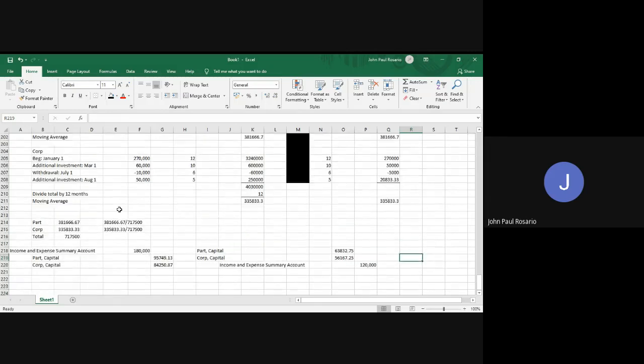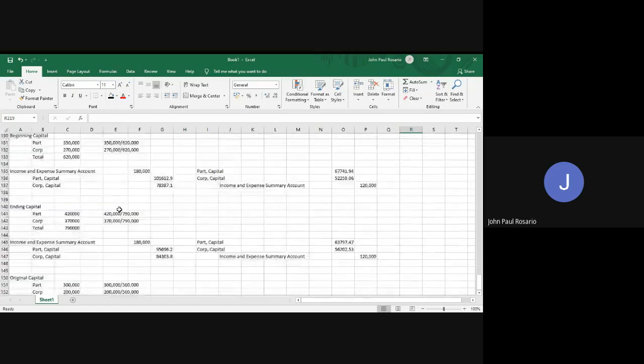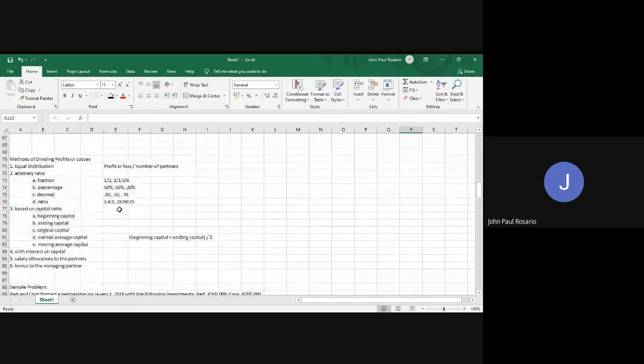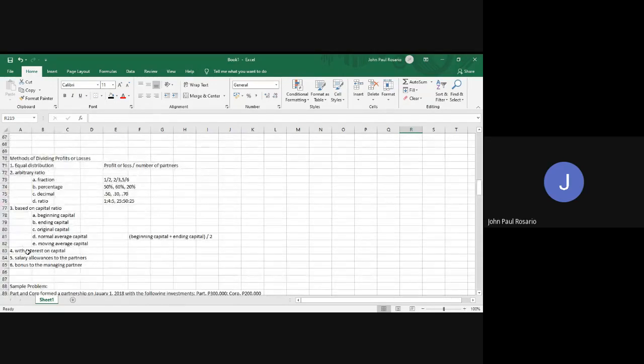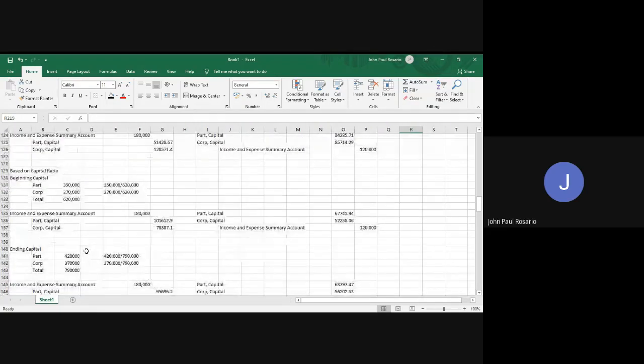Now, next is interest on capital or salaries and allowances to capital, in combination with the first three. Okay? So we will discuss interest and salaries and allowances together.